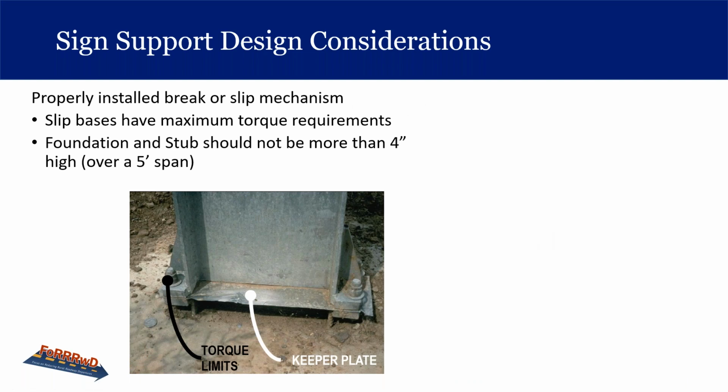So here's some more sign support design considerations. Slip bases have torque limits. If they're too tight, they may not slip in an impact. Once the base breaks or releases, the stub should stick up. You don't want the stub to stick up more than 4 inches, or it could snag a vehicle.